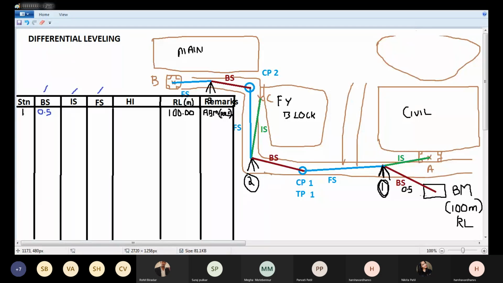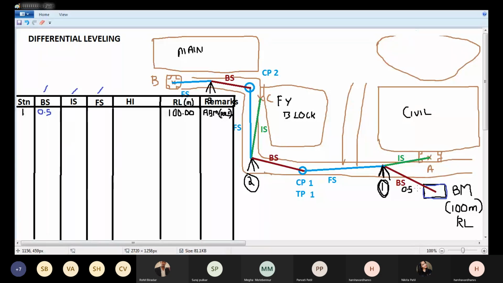This point is clear. What is backsight? Backsight is the staff reading taken on a point whose elevation is known. Because I know the elevation of the benchmark, it is 100 meters from the datum. So that particular staff reading is called backsight. Did you understand this point?